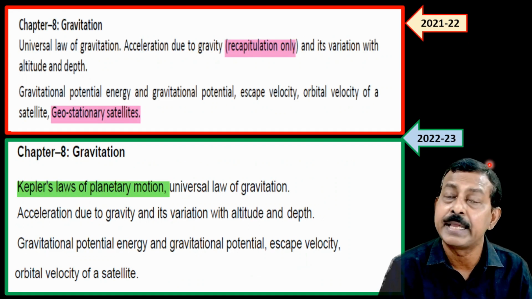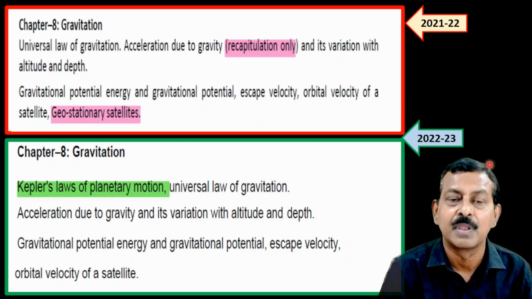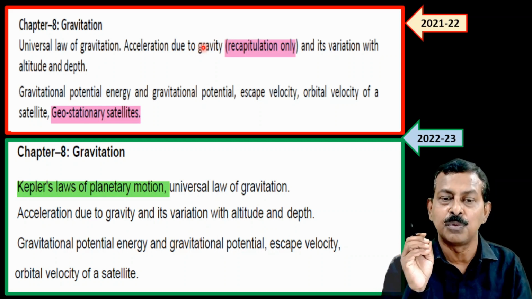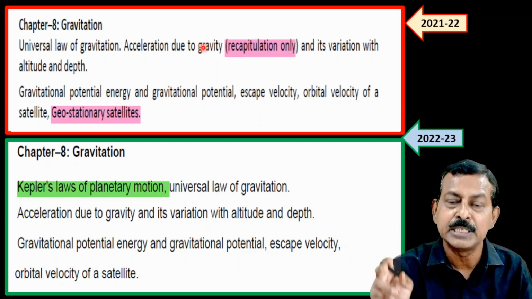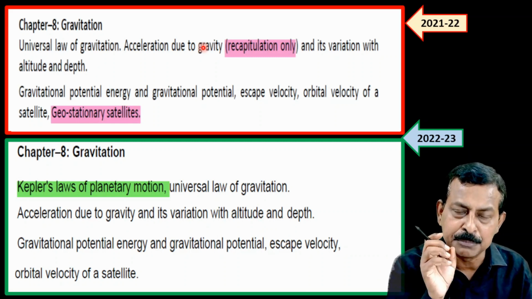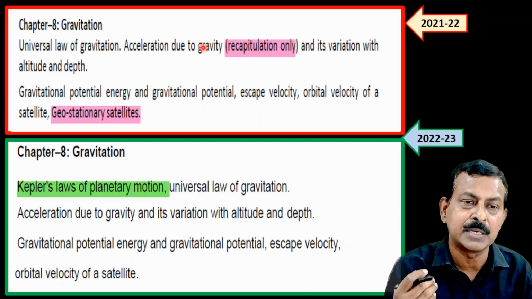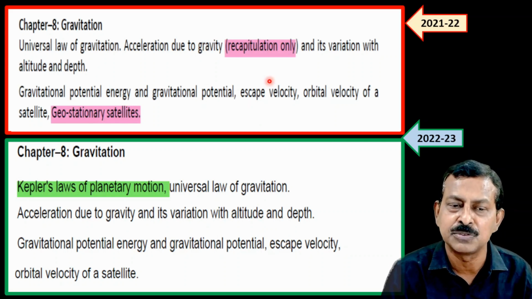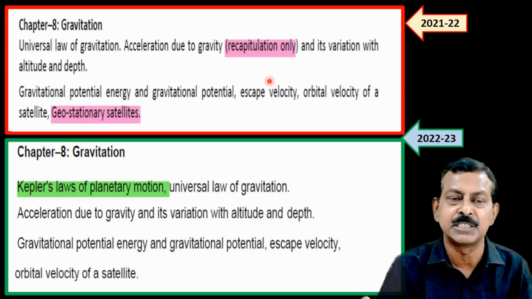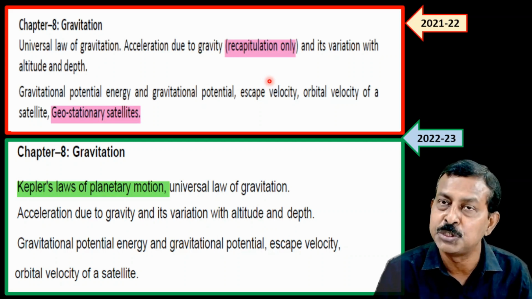So it is the same. If you now take the gravitation chapter, earlier acceleration due to gravity was there, only as recapitulation. So just a very brief introduction was required in the syllabus. Now this part is not there. It is on complete acceleration due to gravity and its variation with altitude and depth.